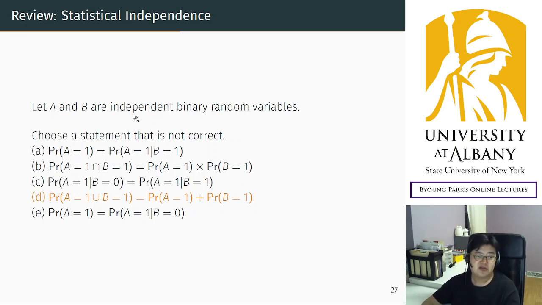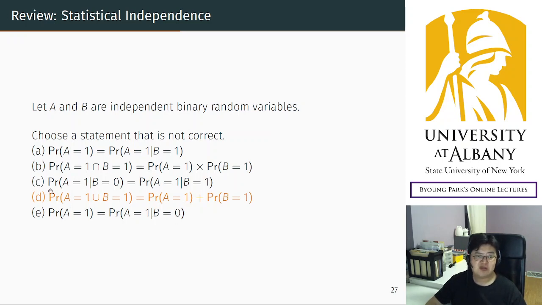So let's think about this. When A and B are statistically independent, it means they do not affect each other. So say the probability of A equals the probability of A conditioned on B having happened. Or similarly, the probability of A also equals it even if B does not happen.